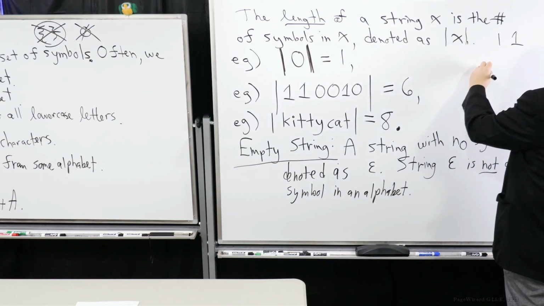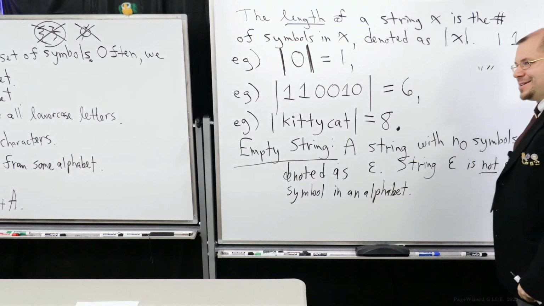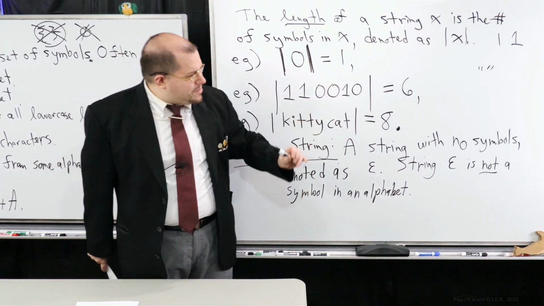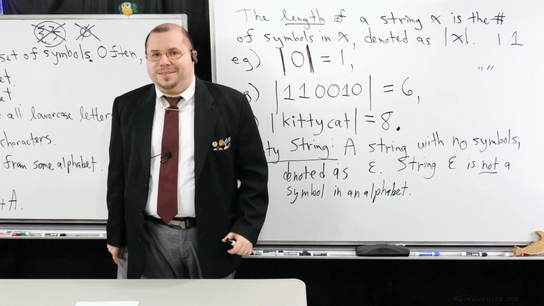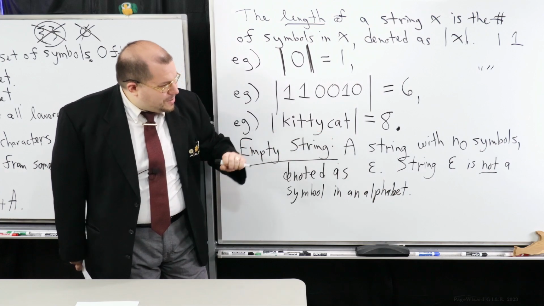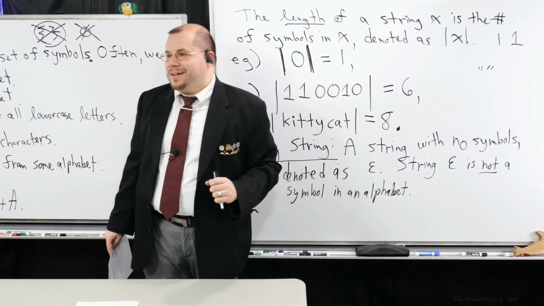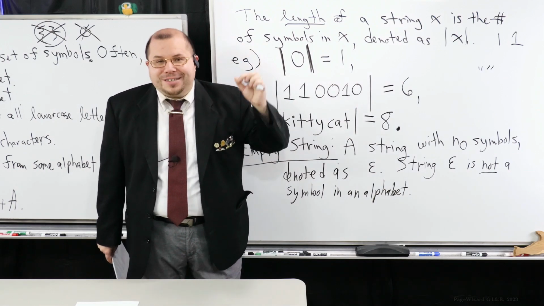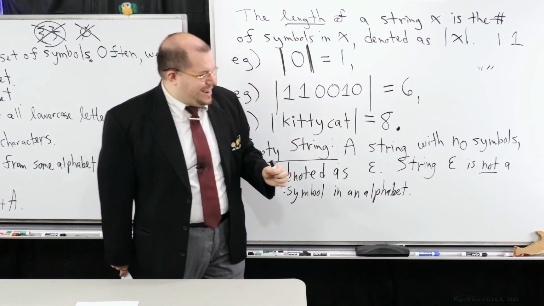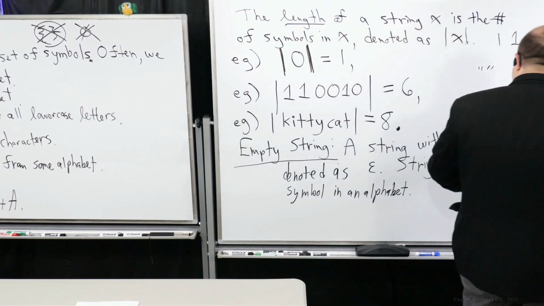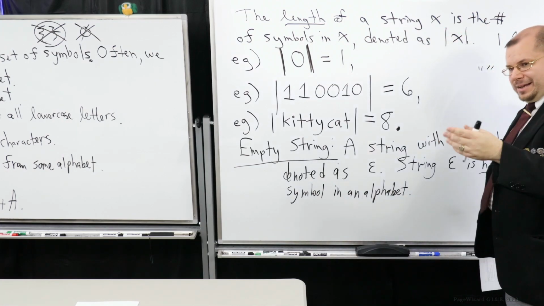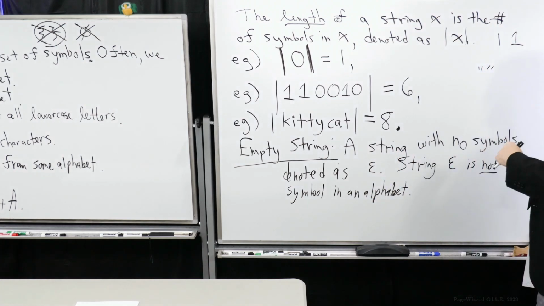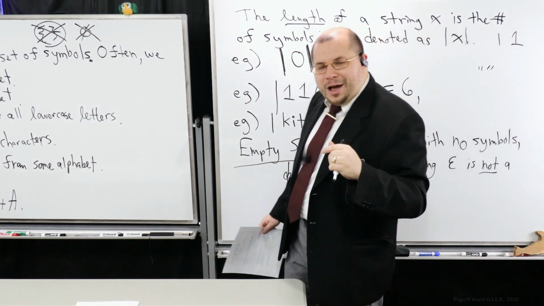So please, if you're wondering what this would represent, say if we're talking about programming languages or anything like that, you may be familiar with it looking like this. Like where in a string you might denote it with double quotes. Say it has no symbols. That's an example of the empty string. So that's what epsilon is, if you're familiar with that concept. So just remember, it means there are no symbols in the string. It's denoted with a symbol, but it is in itself not a part of an alphabet, okay?